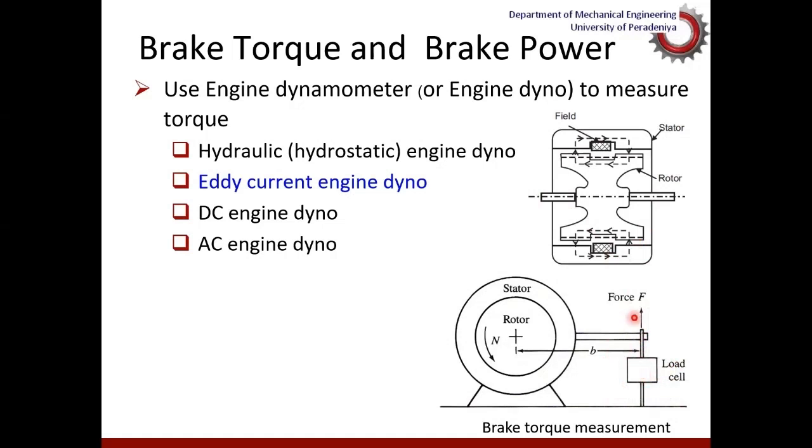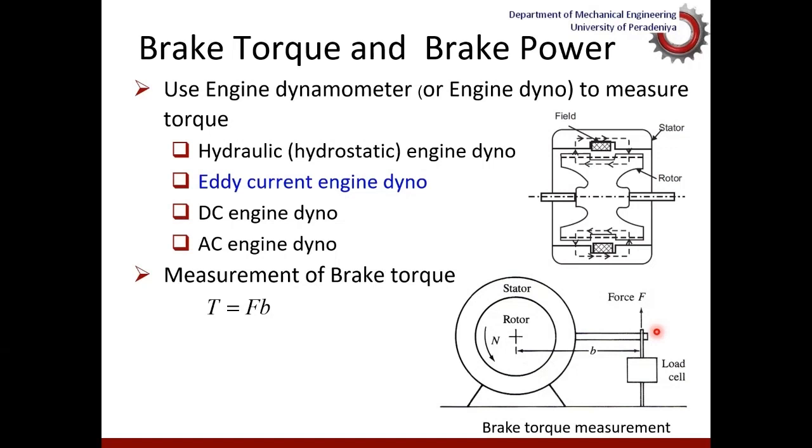So the load cell reading gives us the force, and the distance to the center of rotation is b. Therefore, the torque can be estimated as the multiplication of F and b. That is the torque applied on the engine, that is called the brake torque.